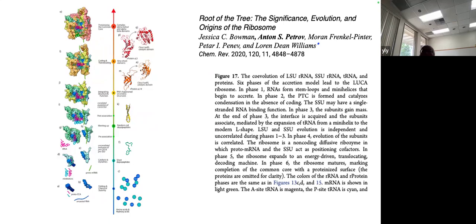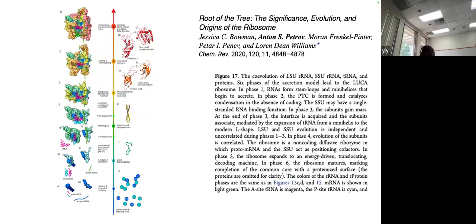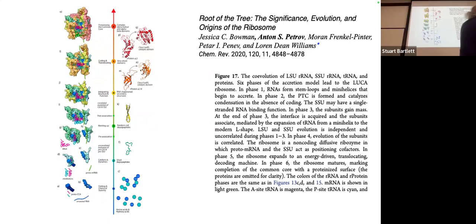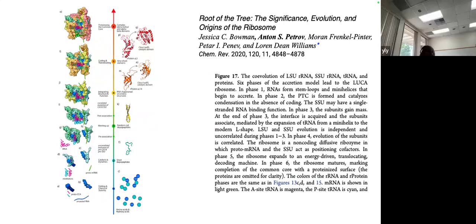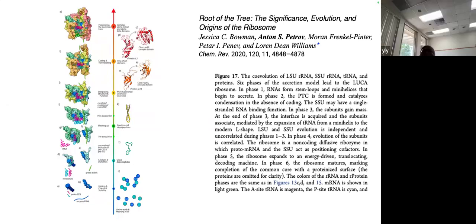In phase 3, the subunits gain mass, and at the end of phase 3, the interface is acquired and the subunits associate, mediated by the expansion of tRNA from a mini helix to the modern L shape. LSU and SSU evolution is independent and uncorrelated in phase 1 and 3.